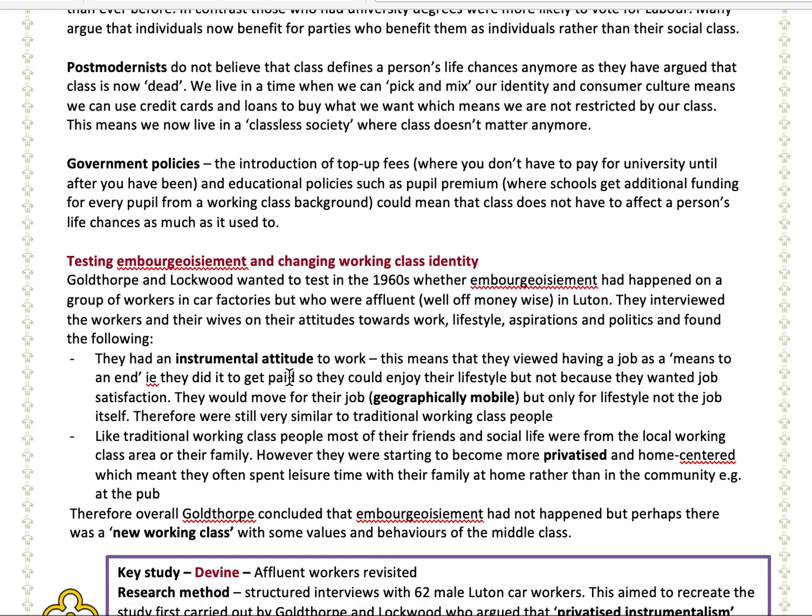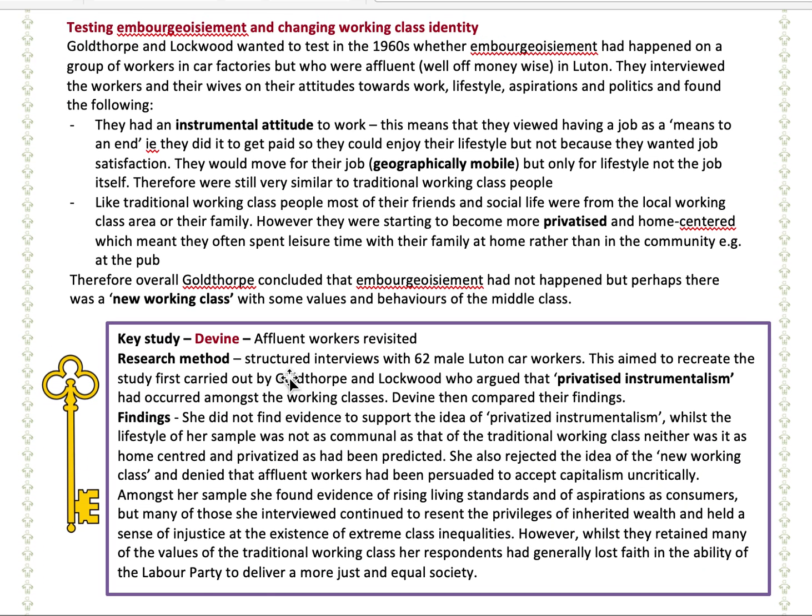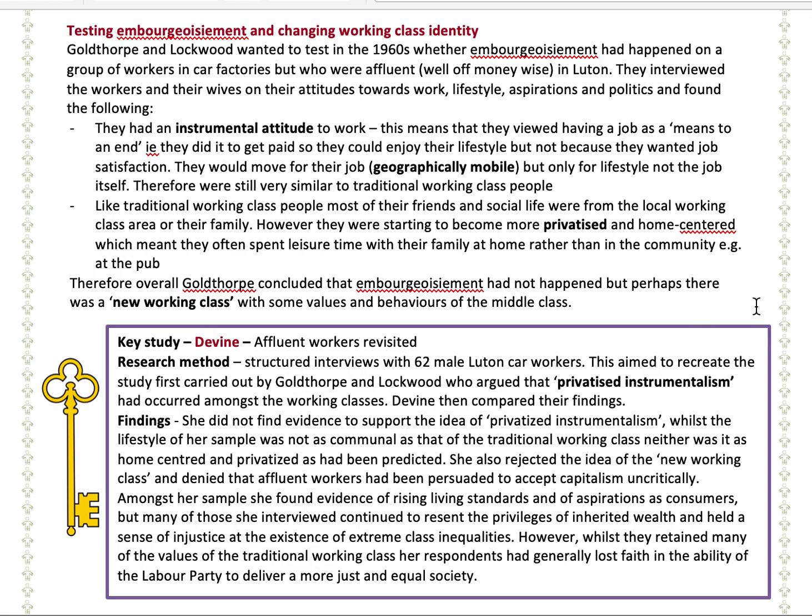And embourgeoisement. We won't spend too long on this because it's horrendous, but essentially Goldthorpe and Lockwood wanted to test whether embourgeoisement was happening, the idea that the working class were becoming more similar to the middle class in terms of their attitudes and values. They thought that they weren't necessarily middle class, but that a new working class existed.